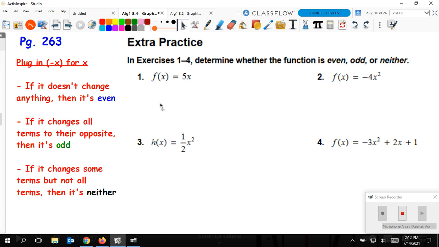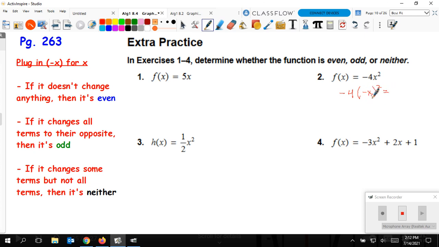For number 2, we're going to plug in the negative x for the x. So essentially, this is what I'm going to end up doing. We'll start with negative 4, and instead of x, I'm going to put in negative x, squared. And then let's see what we get.